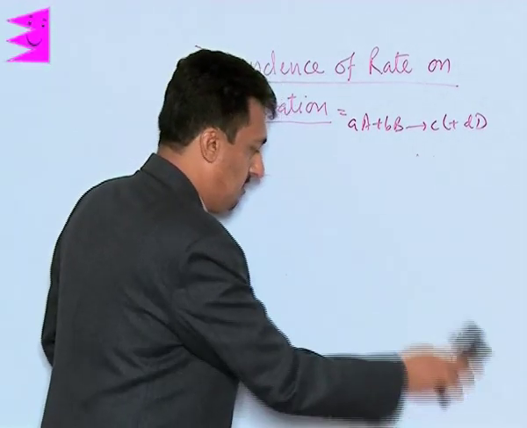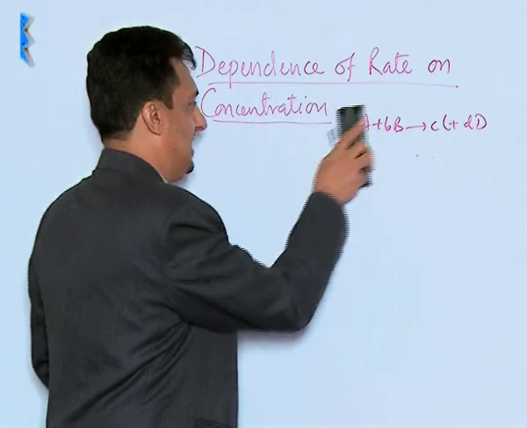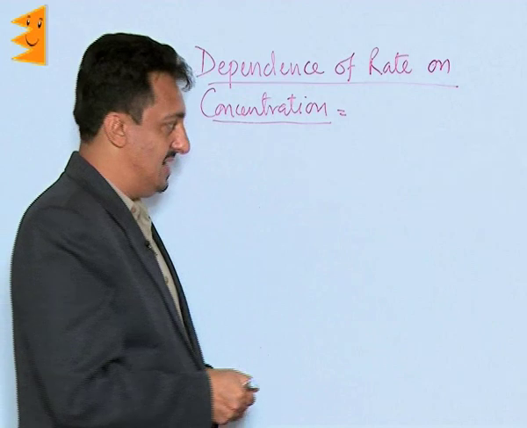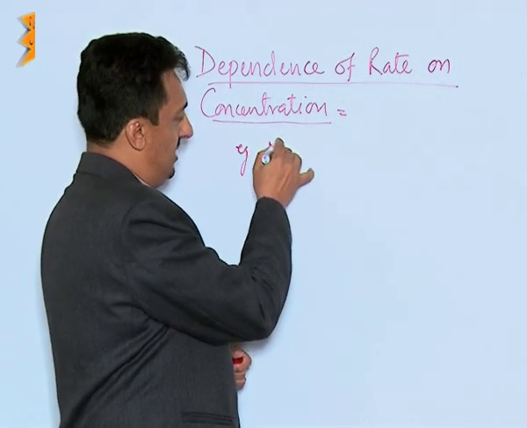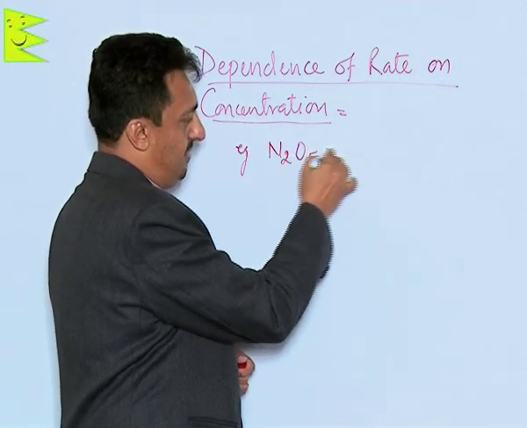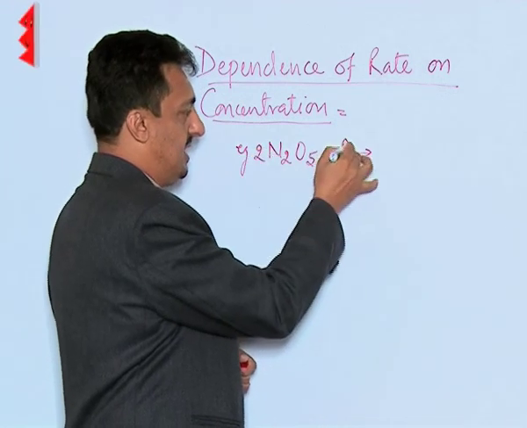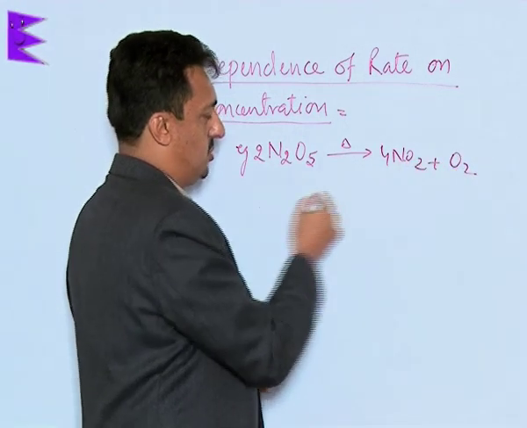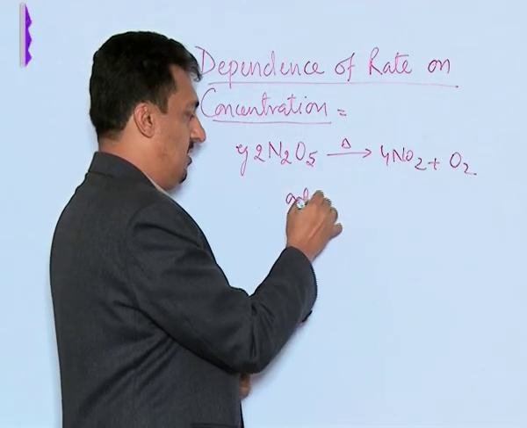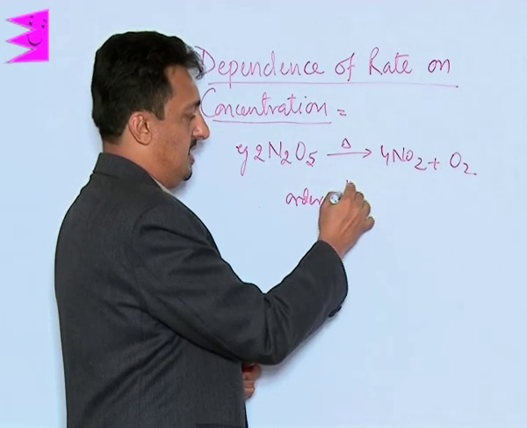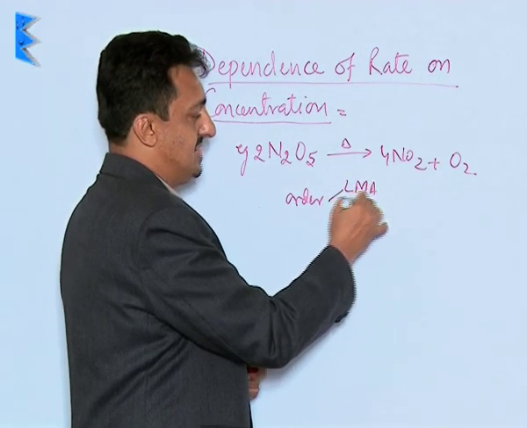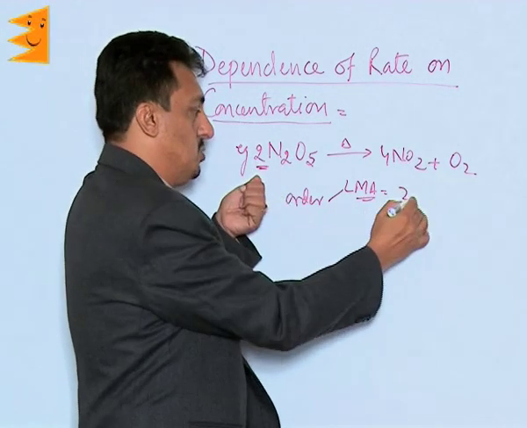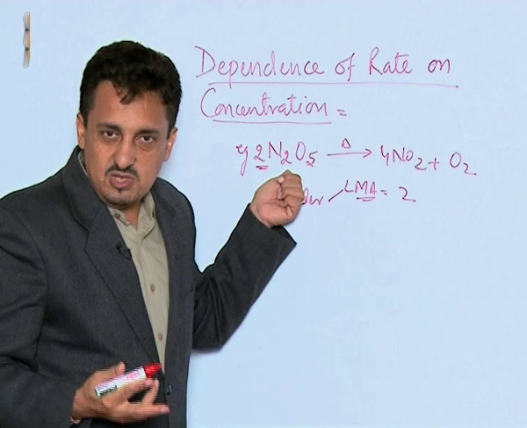But before moving into this, let us take certain examples of different orders of reactions so that we can understand this. Let us take the example of dinitrogen pentoxide, which on heating decomposes to give 4 NO2 molecules and an O2 molecule. Remember, the order of this reaction in terms of the law of mass action or the stoichiometric coefficients appears to be 2, because we are involving 2 moles of N2O5.